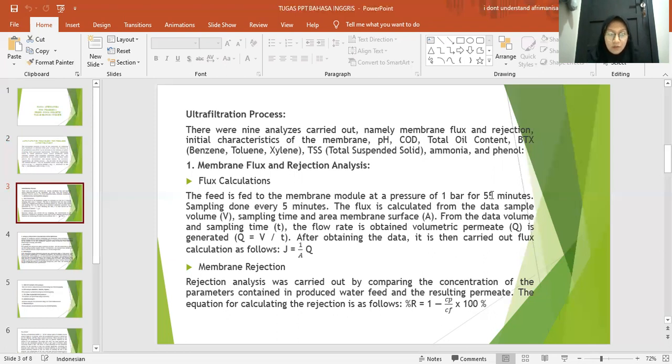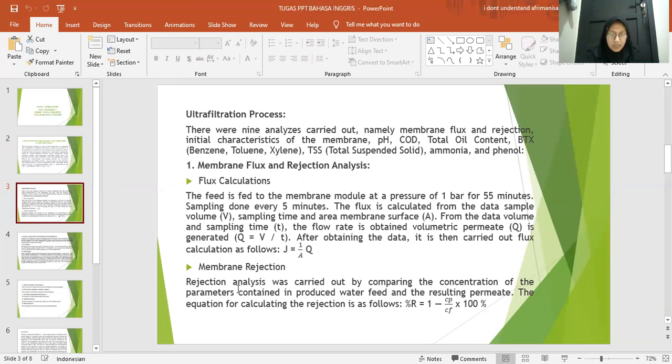From the volume and sampling time data, the flow rate, or volumetric flow per minute, is generated: Q equals V over t. After obtaining the data, flux calculation is carried out as follows: J equals 1/A times Q.